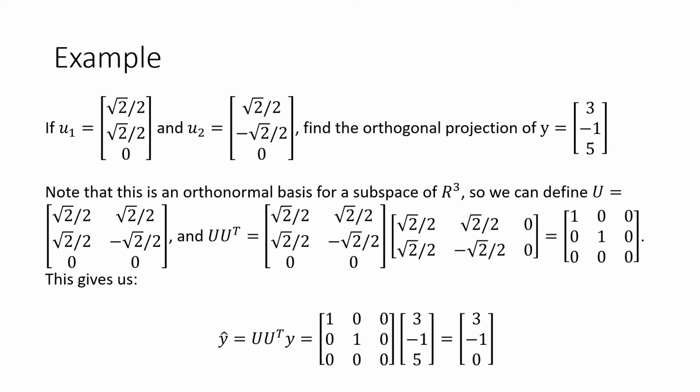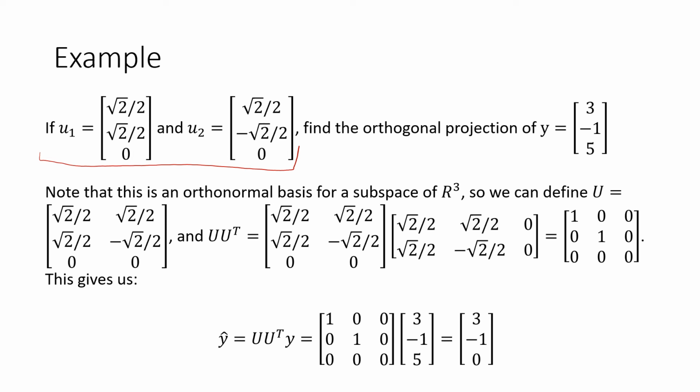So as an example, we have a two-dimensional subspace in R3. If you look at U1 and U2, that's an orthonormal basis.